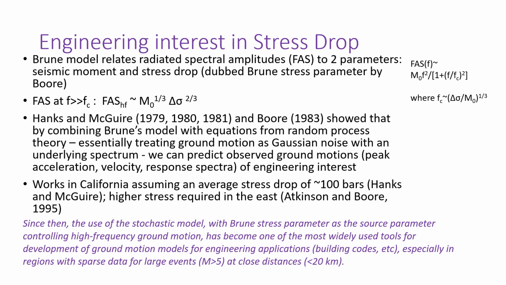And it's been shown that that basic idea works in California if you assume an average stress drop of around 100 bars, or if you use a higher stress, it also works in the East.